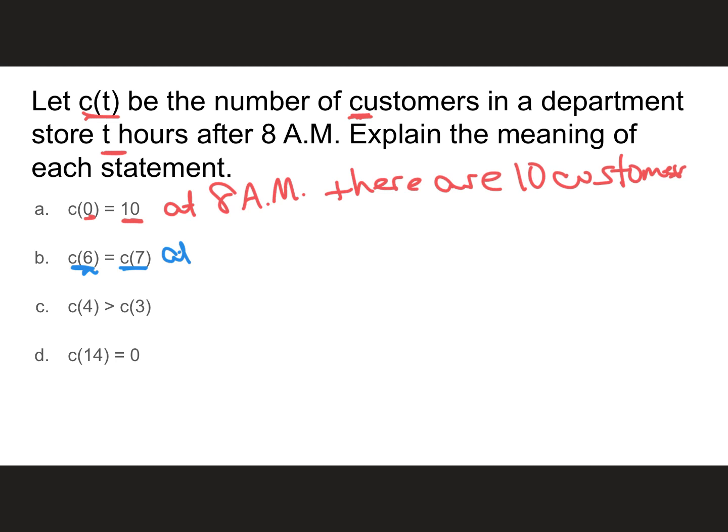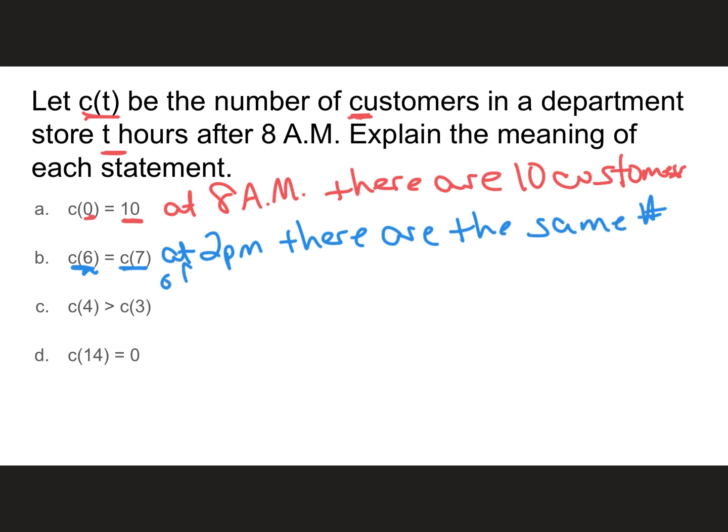So at 2 p.m., there are the same number of customers as at 3 p.m., an hour later. All I know is the number of customers at 6 hours after is the same as the number of customers 7 hours after.